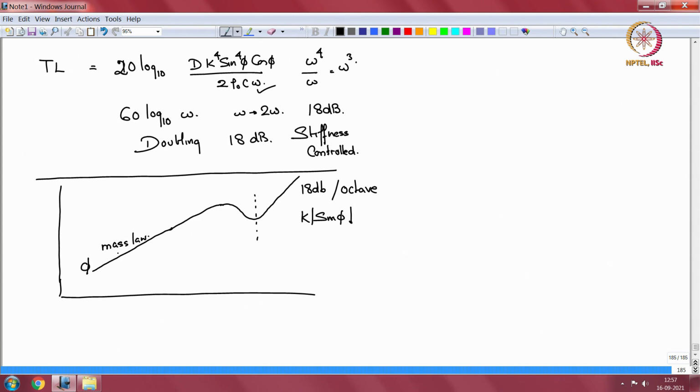Okay, as my angle increases, I have this line, then I have a peak, I have a dip here, and then the dip starts to go parallel to again 18 dB per octave at the stiffness control region.